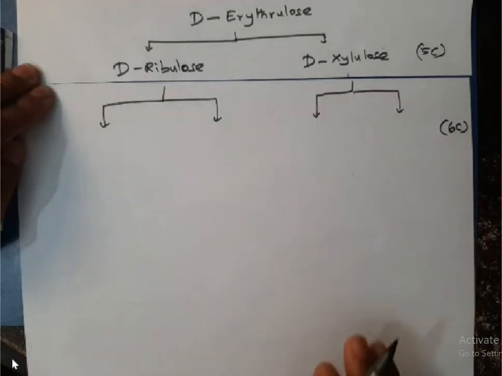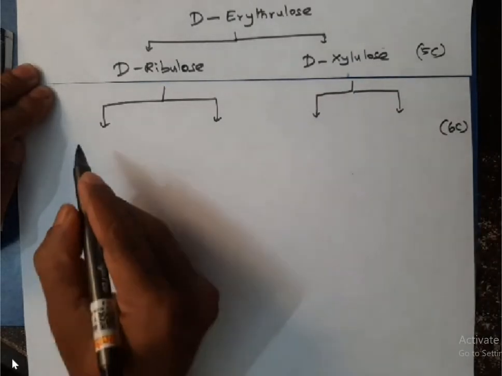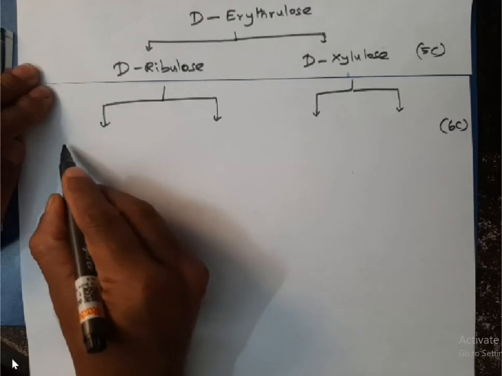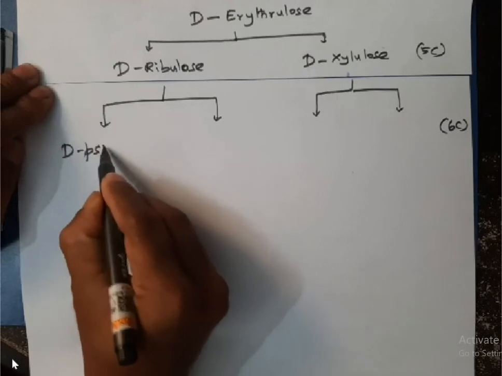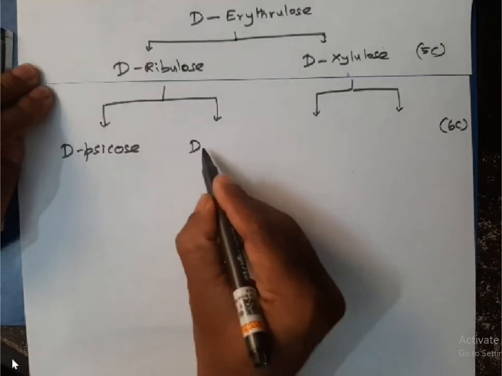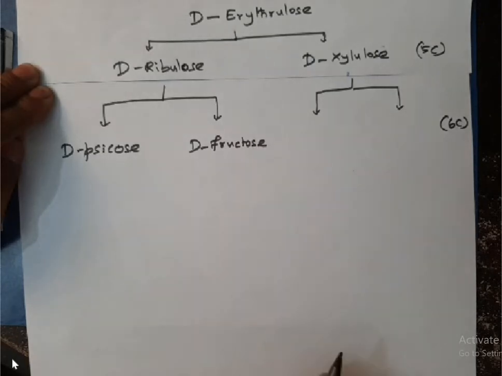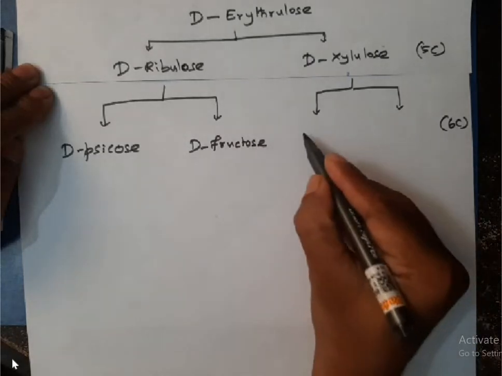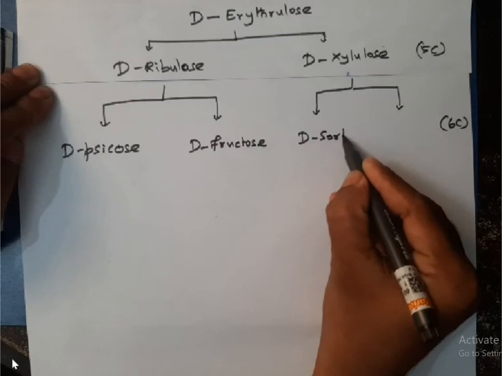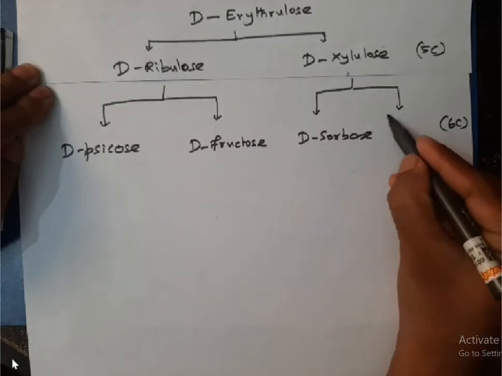You'll get keto hexoses. In keto hexose we have 4. What are they? D-psicose, then D-fructose, D-sorbose, and D-tagatose.